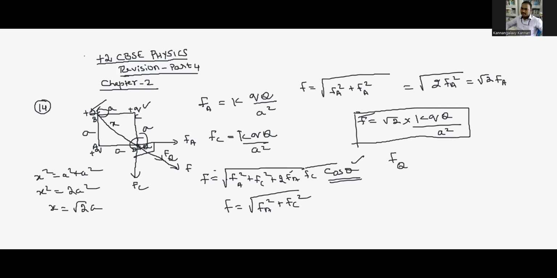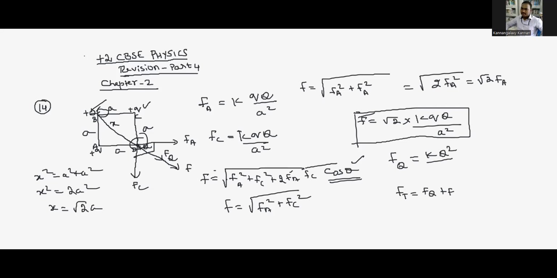So the total force will be the sum of this Fq and F, that is Fq plus F. What is Fq? Fq is the force between two capital Qs, so K Q1 Q2, both capital Q, by R square.